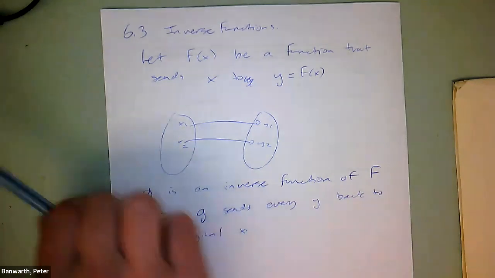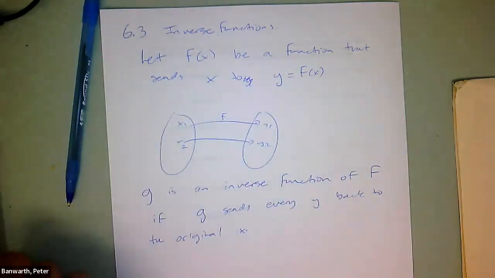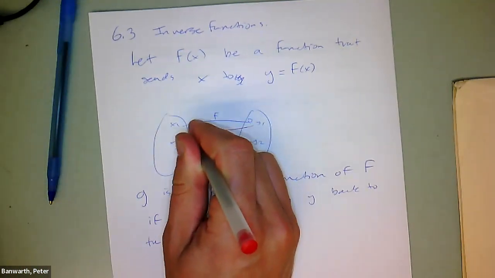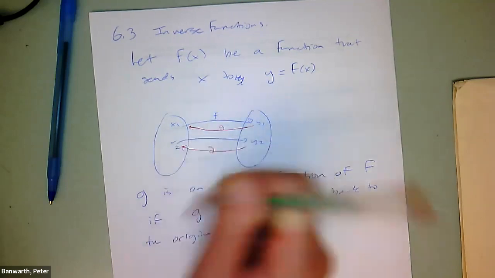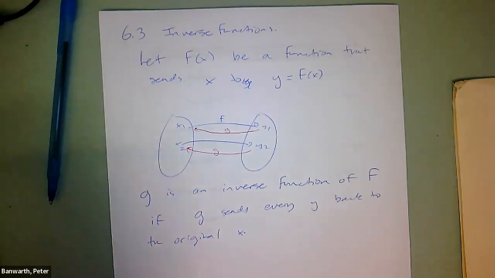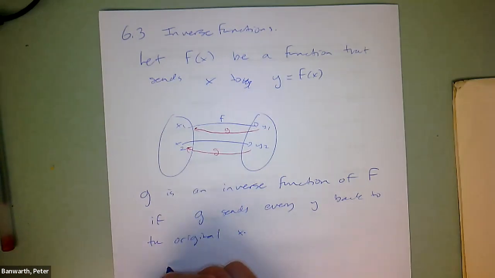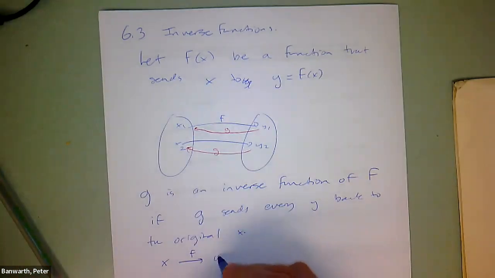All right, so moving this way is f. And if I move back this way through G, and it always goes back to the same point, then G is an inverse function for f. Another way to say that is x goes through the f function, and you get a y.